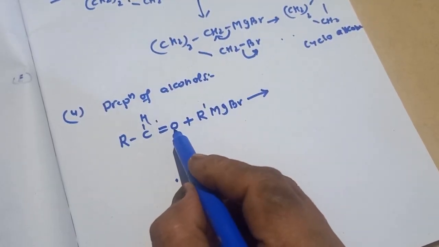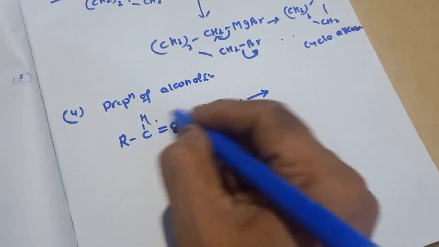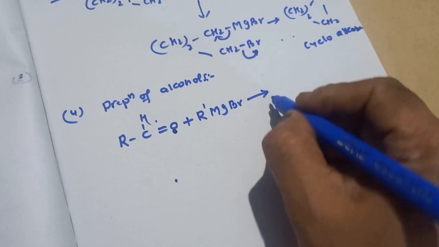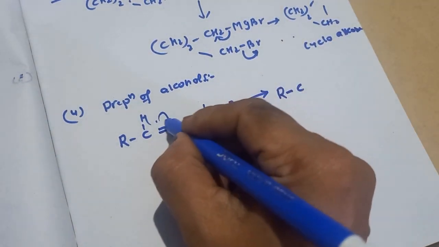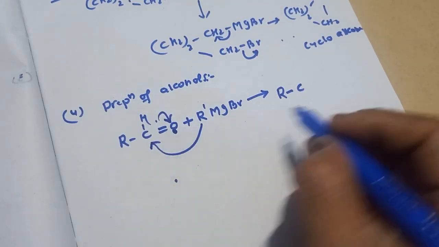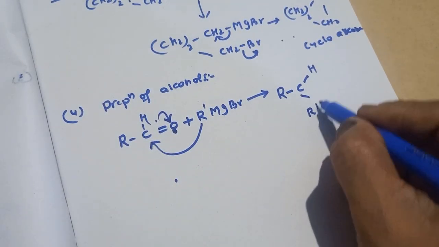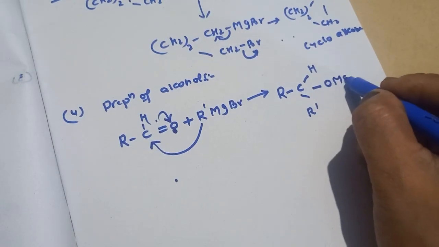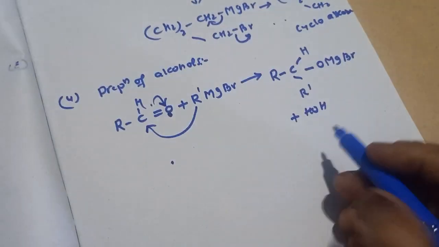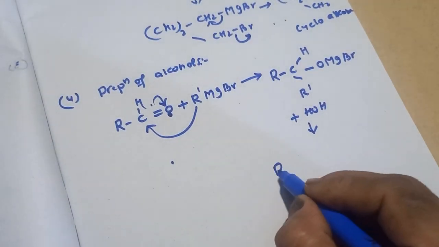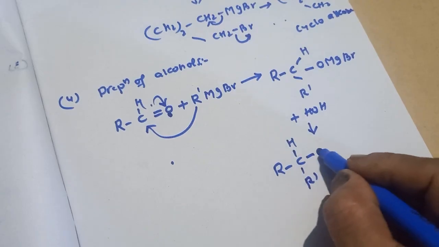Here our group is oxygen, so simply change this into an OH group, but I am going to show you the mechanism also, right? So here this one attacks, OMgBr. This one on hydrolysis gives a secondary alcohol.